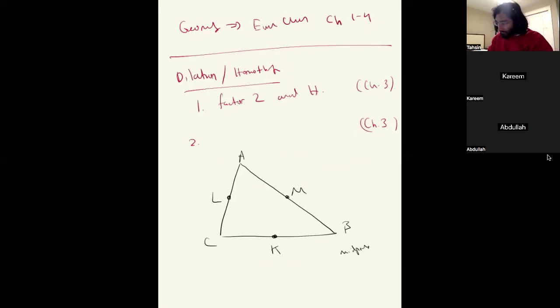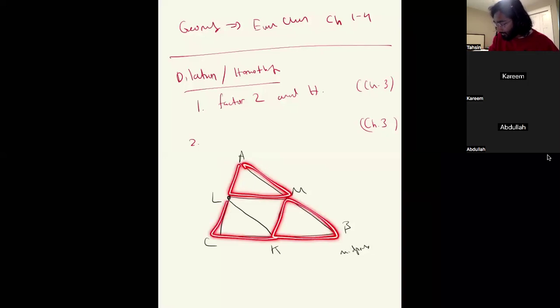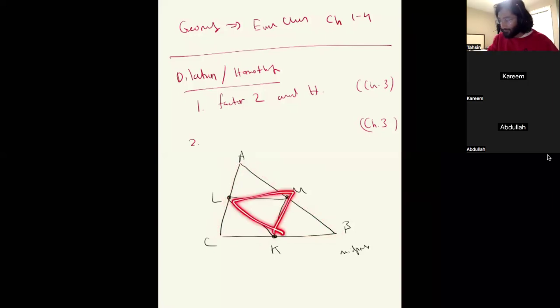And now the picture here is, first of all, when you draw these segments KLM, you get 4 similar triangles, right? So what are the similar triangles? There's ALM, MKB, and LCK, which are all similar to ABC. And they're similar to KML. So there's an upside down one as well. So this picture, have you seen this picture?